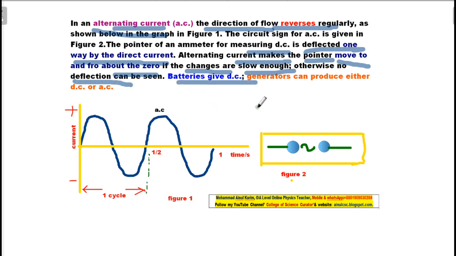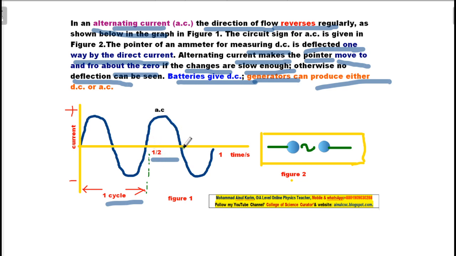This battery gives a DC current, but a generator can produce either DC or AC. That's the sign of alternating current. There is a positive half cycle and a negative half cycle. Two half cycles complete one cycle. That happens in half a second, 0.5 second.